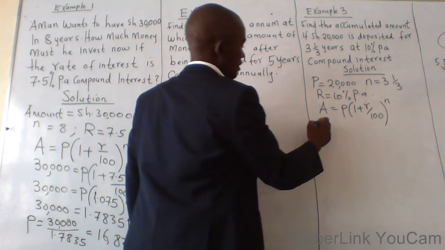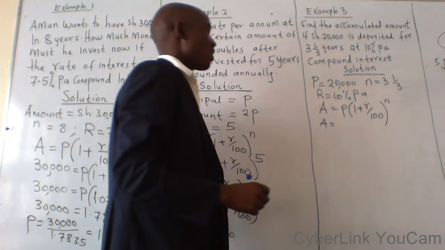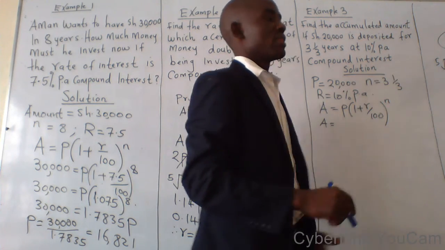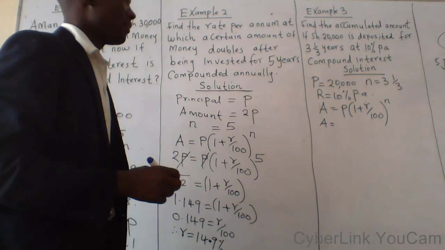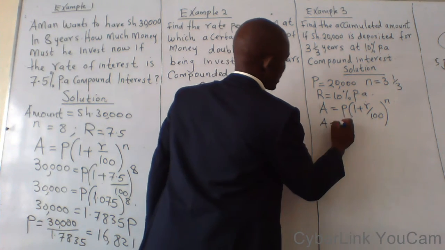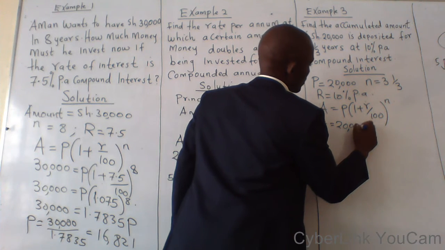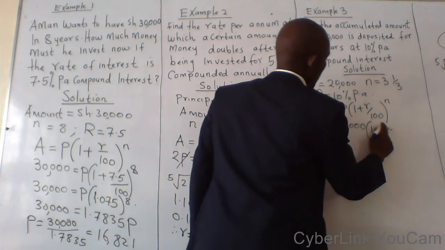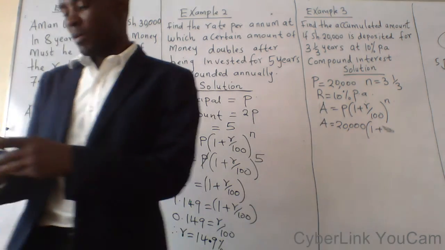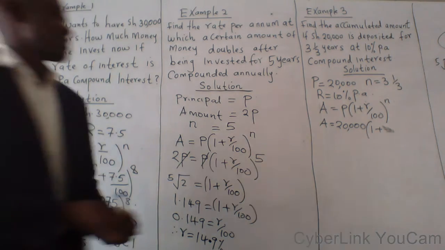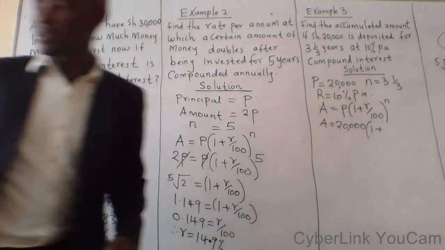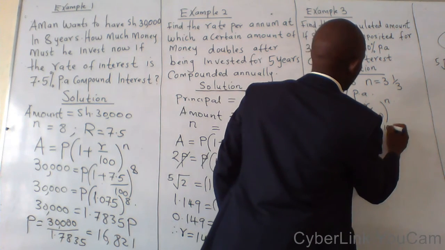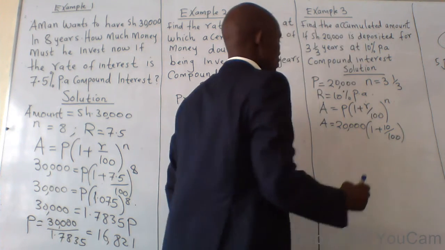So our amount will be equal to, remember, we are doing it for 3 years first, and then the remaining fraction we shall deal with using simple interest. So we will have 20,000 into 1 plus R, remember our R is 10%, all over 100 raised to 3.